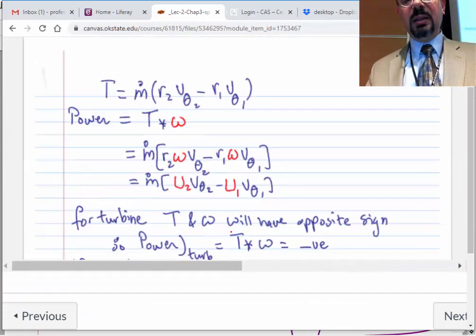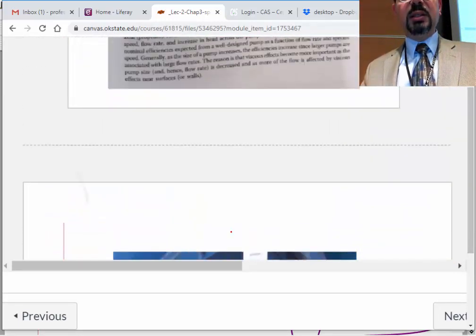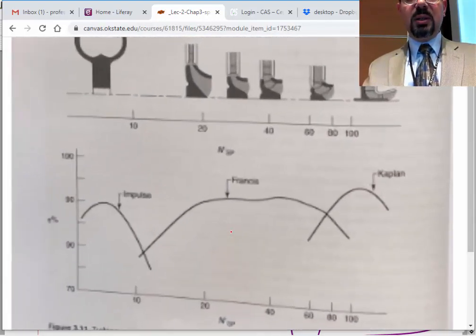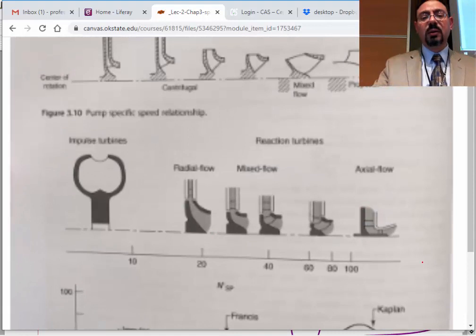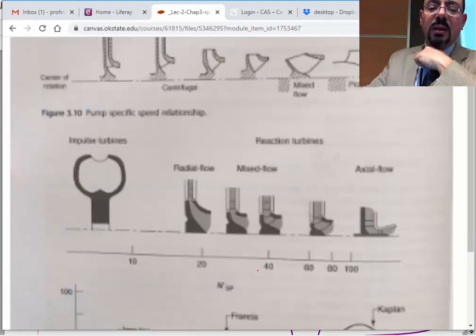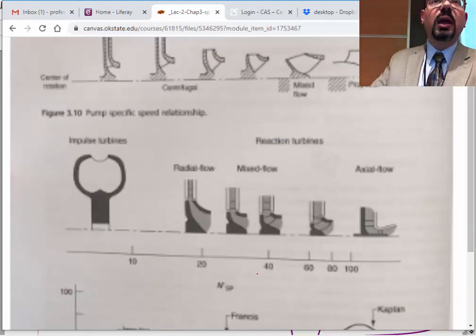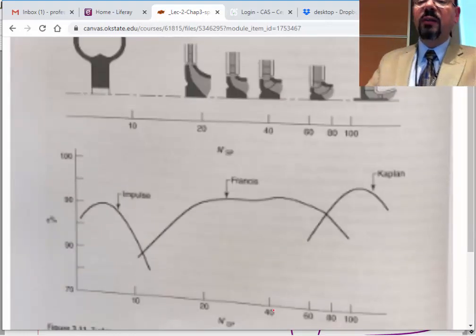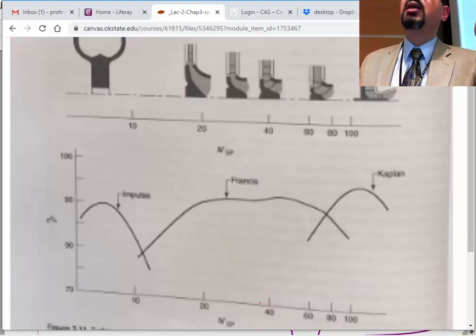That scale will end up being used over here. You use the power and the head, and you figure out what your number is. If your number is 40, then you tell yourself, I have to use a Francis type turbine. If you calculate that number and it's 100, you should use an axial machine.